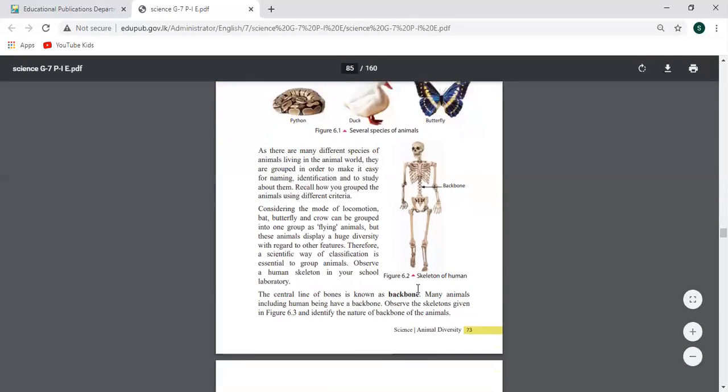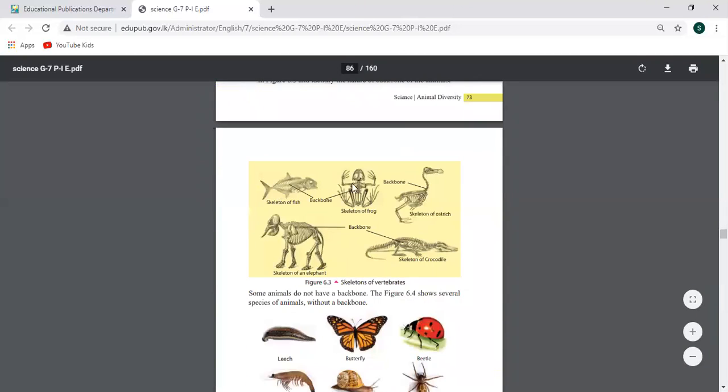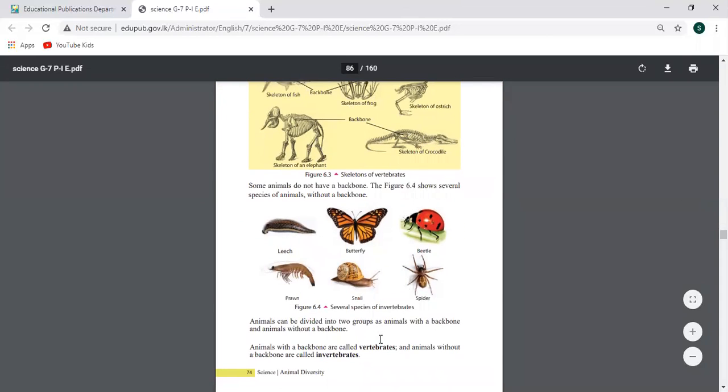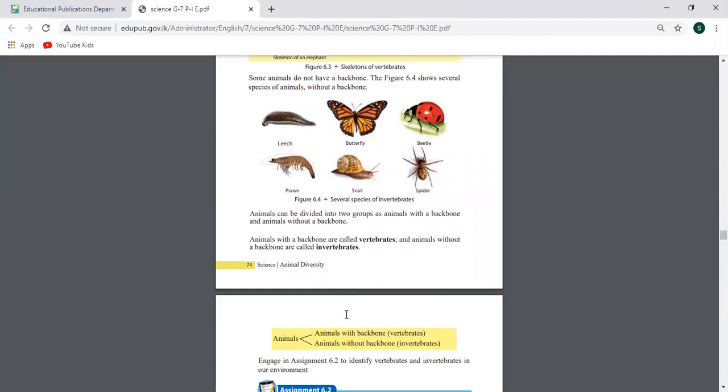as invertebrates. So these are vertebrates: skeleton of a fish, skeleton of a frog, skeleton of a crocodile, and a skeleton of an elephant. These are some invertebrates: leech, butterfly, beetle, spider, prawn, and snail.